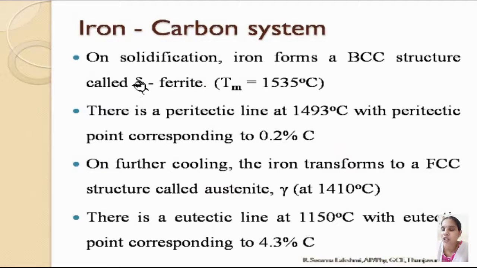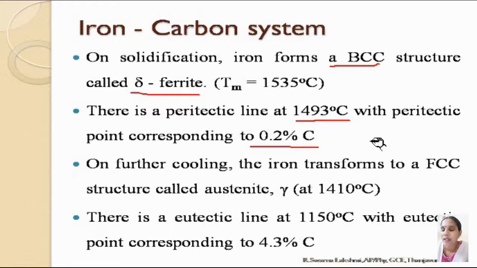Before that, a short recapitulation of whatever we have seen. On solidification, iron forms a BCC structure at the melting point 1535 degrees Celsius. Below this melting point, you have delta ferrite, that is the body centered cubic structure formed at higher temperatures. There is a peritectic line at 1493 degrees Celsius with the peritectic composition being 0.2 weight% carbon.